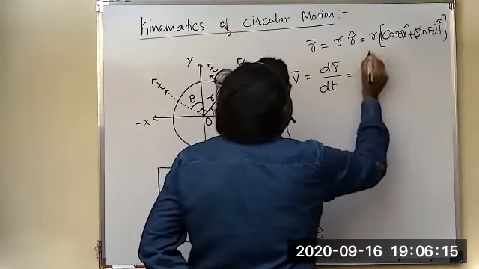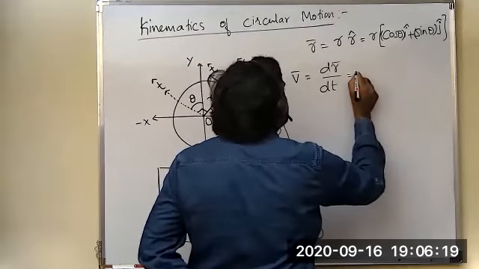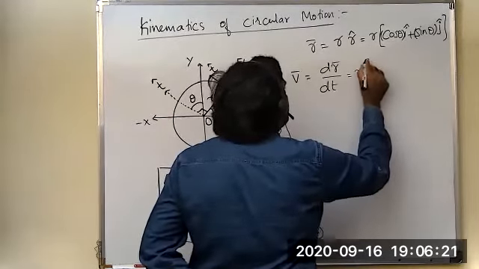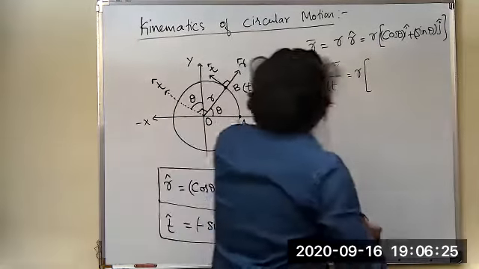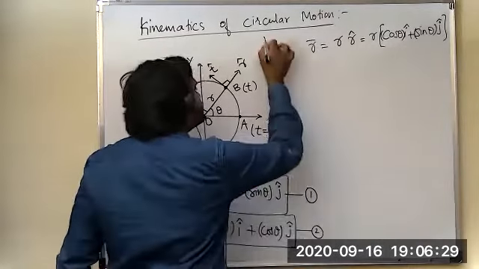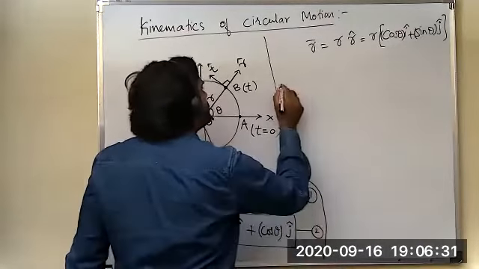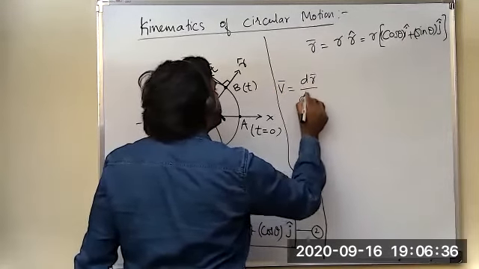This is equal to, differentiate it. Here r is anyway constant, students. Now differentiation of cos theta. I need some space, so I'm doing it slightly from here. So I can write v is equal to dr bar by dt.